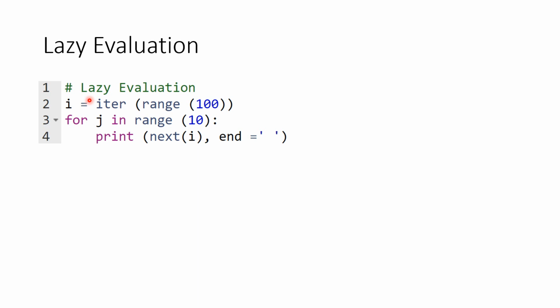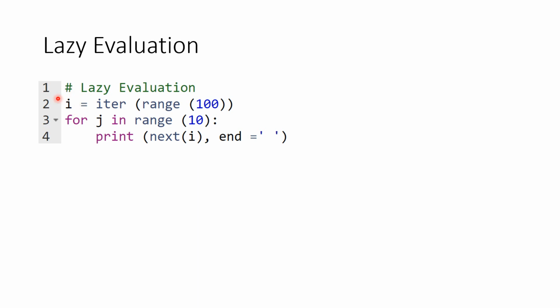So what do I do now? Once we get the iterable object from 0 to 99, we can access only certain values. It depends on how far we are going to iterate. I just want to iterate through only 10 values, let's say.